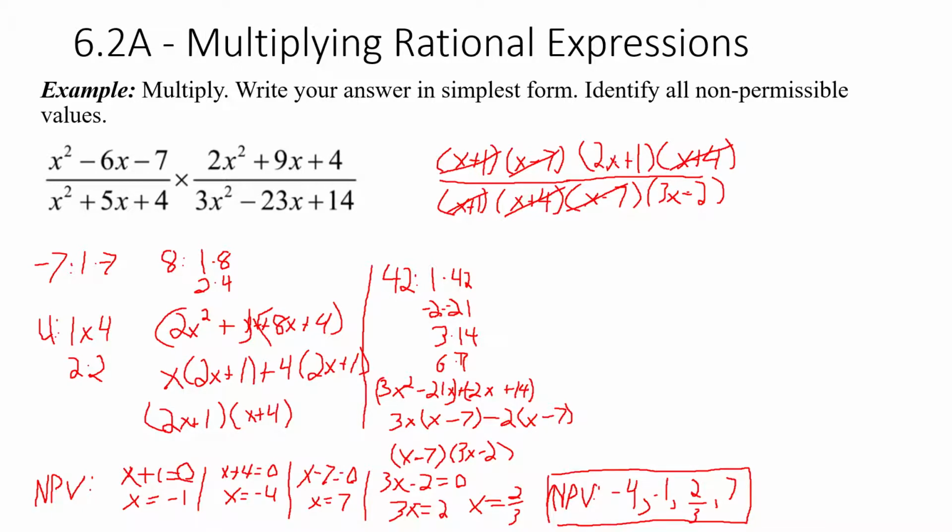And what you're left with is 2x plus 1 divided by 3x minus 2. And there's nothing shared between them, so that's as simplified as you can get. So 2x plus 1 over 3x minus 2. And there is our simplified form for this product with these non-permissible values.